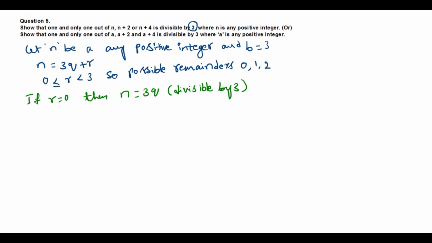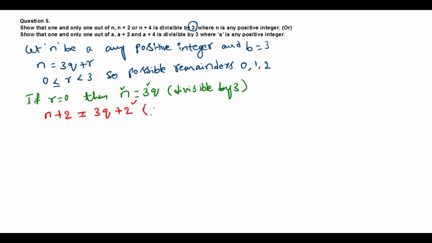Now if I take n plus 2 in this condition, 2 I am going to add on both sides, then what I can see here, n plus 2 equals 3q plus 2. 3q plus 2 means here the remainder is 2. So if the remainder is 2 it is not divisible by 3.